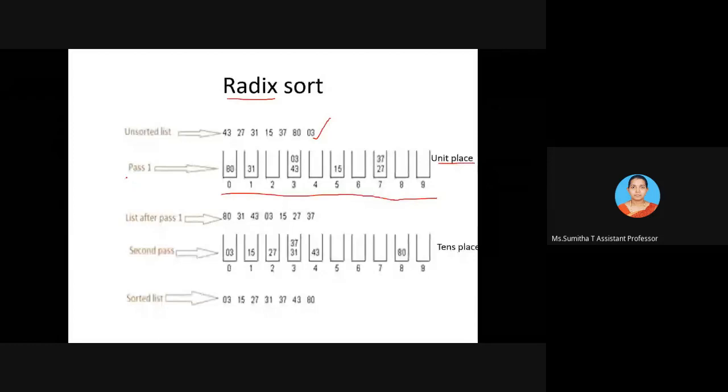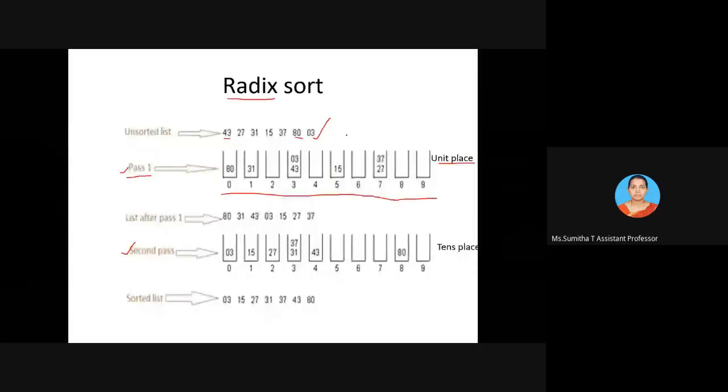Here, the number of passes is based on the digits. In the first pass we have to consider the unit place. Unit place we know, right?